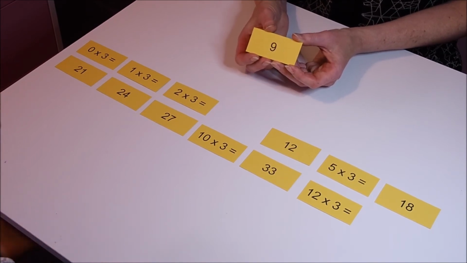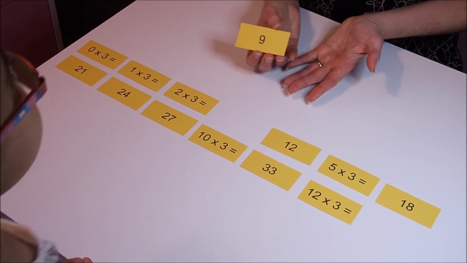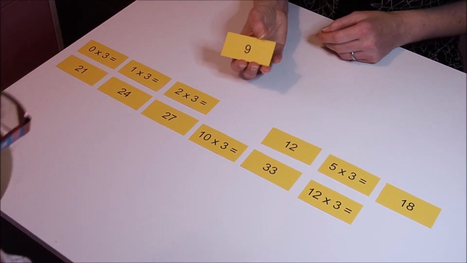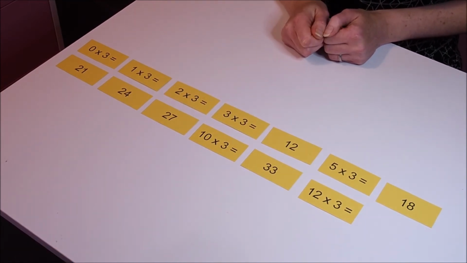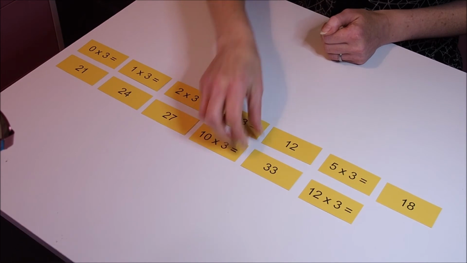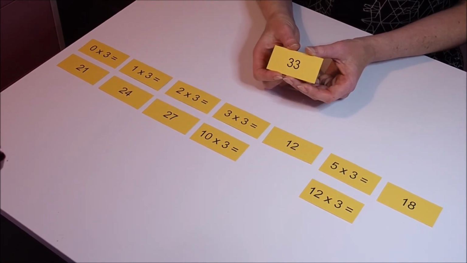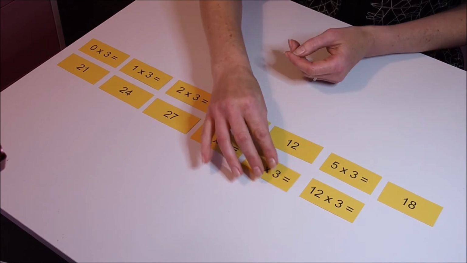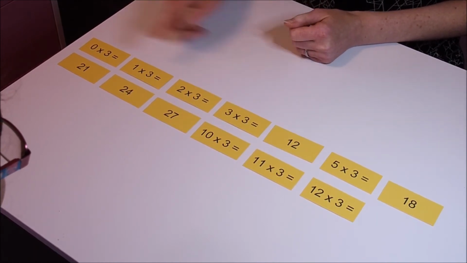So 9 is 3 lots of 3. So how many 3s are in 9, or what is 9 divided by 3? 3. And which is your second card you're going to turn over? 33. So what is 33 divided by 3? 11. Fantastic.